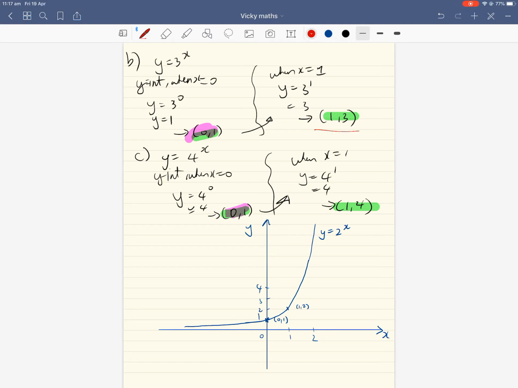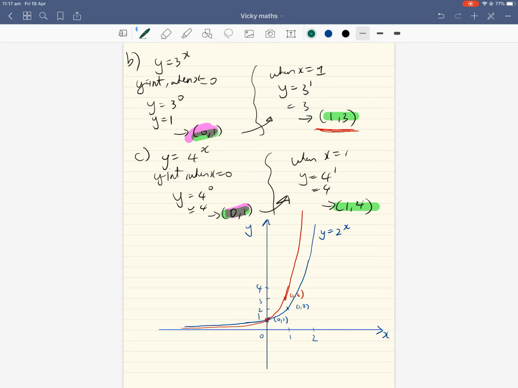What about y equals 3 to the x? Well, we have the point (0, 1), which we've got already, and 1 across, 3 up. So it's (1, 3). It's going to pass through (0, 1), and then pass through (1, 3). Again, it's going to have a steep rise, and down the other side it's going to get close to the asymptote but never touch it.